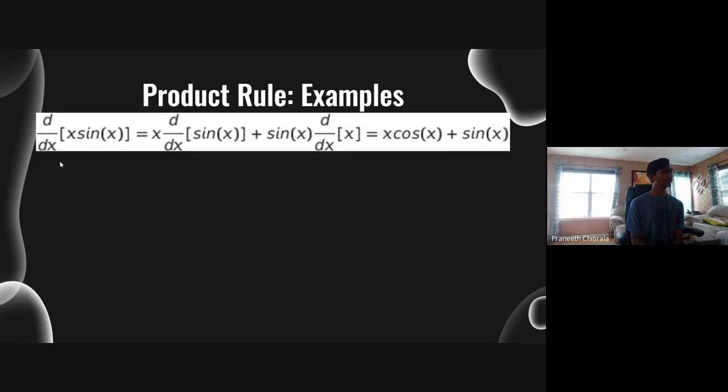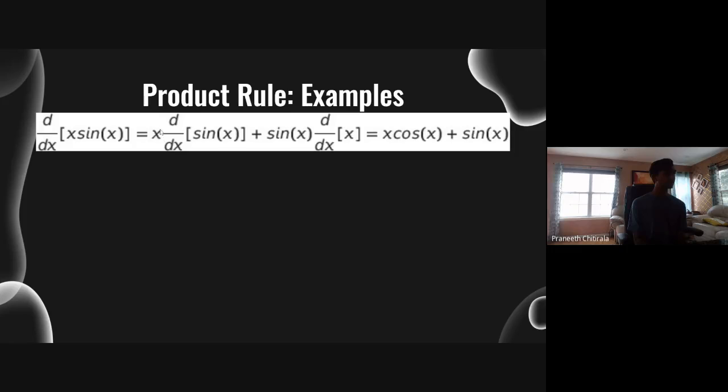So let's see here, the derivative of x times sine of x. We have two functions, x and sine of x, so we'll just use the product rule. Let's suppose the first function is sine of x, and the second function is x.